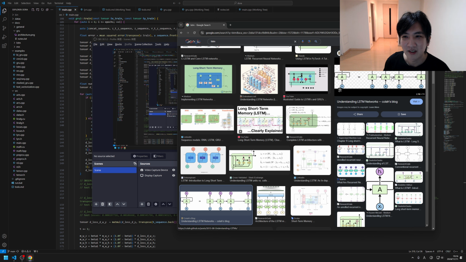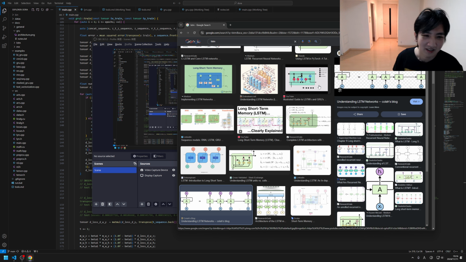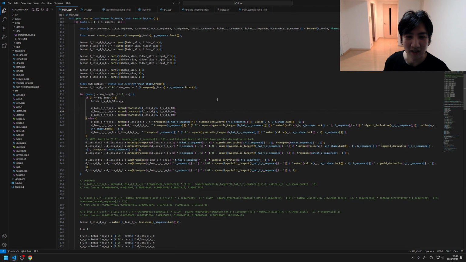This arrow contains weights for hidden to hidden, and when you have to compute gradients for these weights, you have to backpropagate the number of time steps. So if the time steps was 10, you'd have to backpropagate 10 times, and you'd have to do this for the number of epochs.